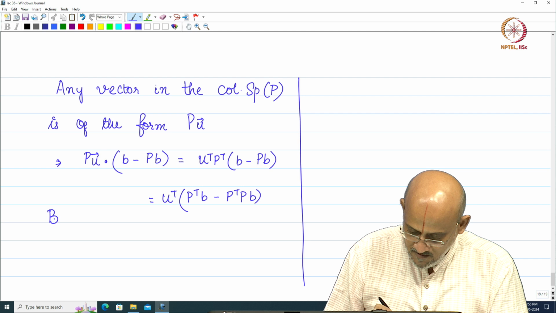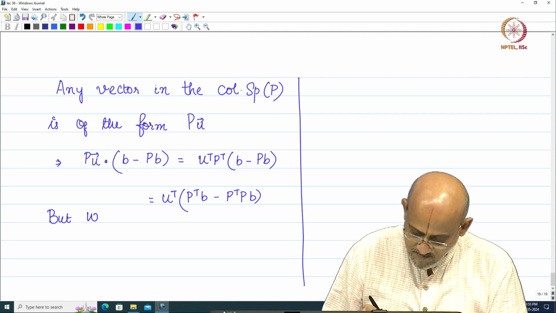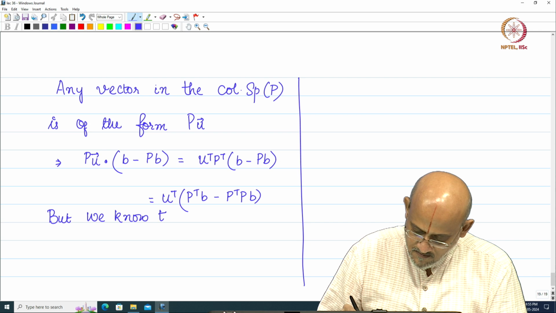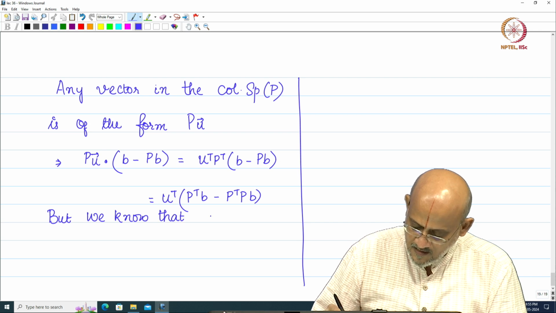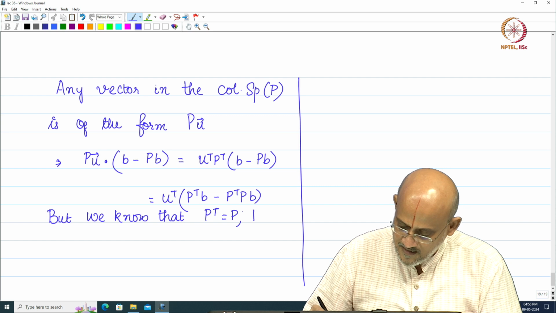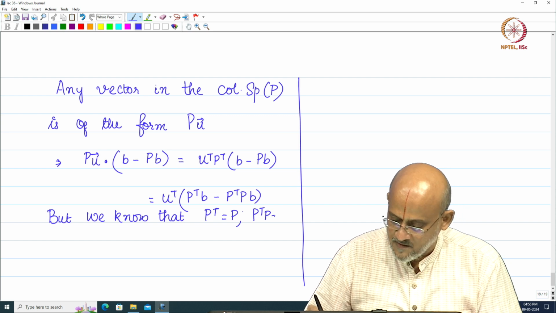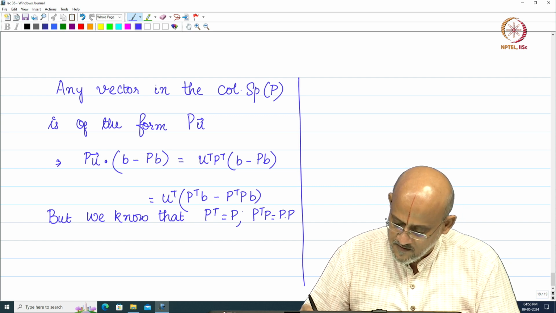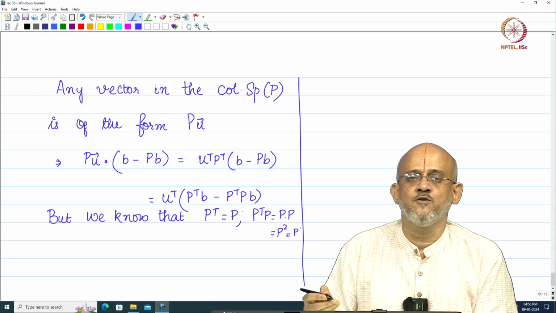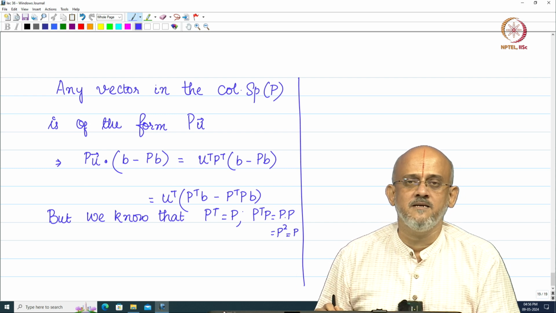But we know that P transpose is equal to P and P transpose P is equal to P into P, which is P squared, which is equal to P, because those are the two properties that the matrix P satisfies.